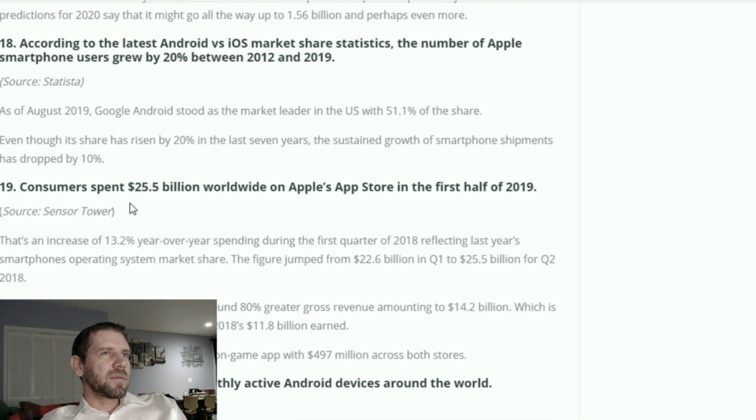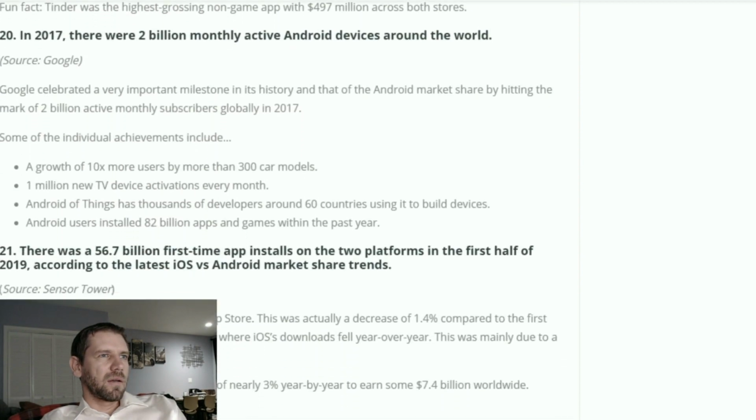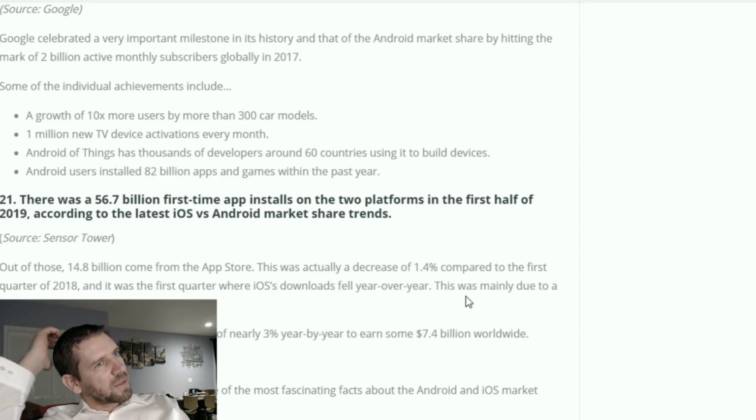And so I pulled up some statistics here, and you can see there were 56 billion first-time apps installed on the platforms in 2019. And 14.8 billion came from the App Store, which decreased, but it's mainly due to a slowdown in China.